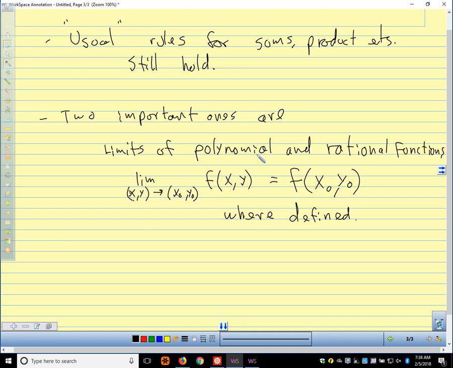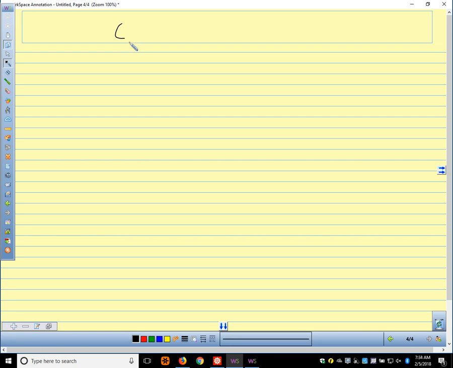All right, so what we want to do is use limits to talk about continuity. We want to know when our multivariable functions are continuous. So let's talk about continuity.